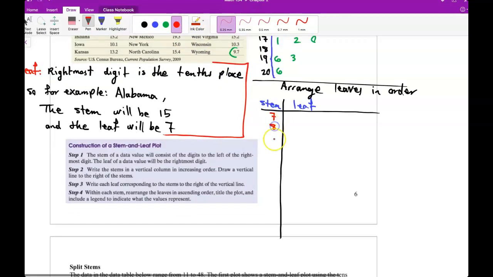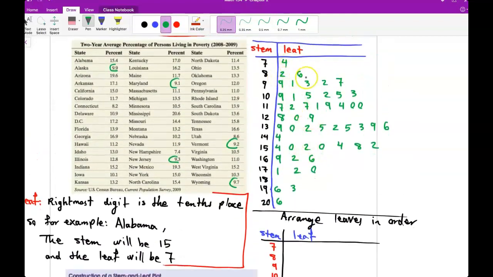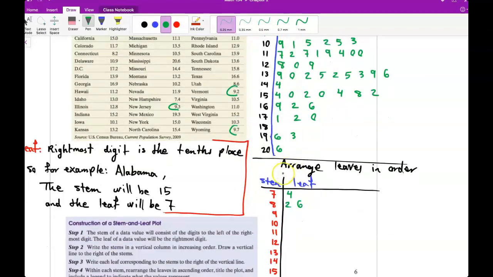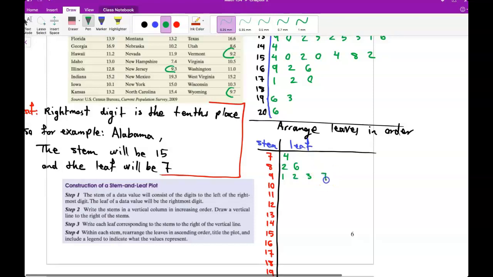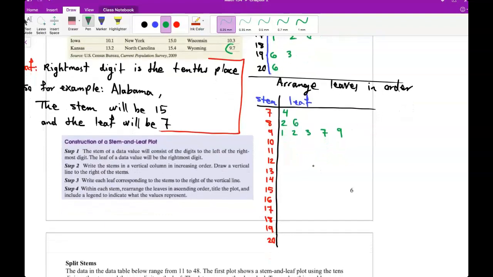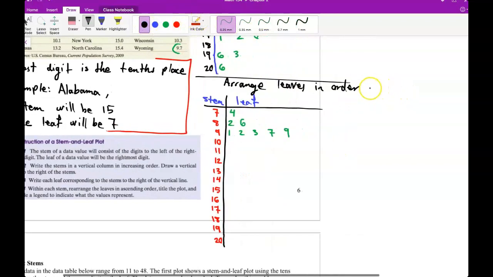Again, rewriting this column. Okay, and this part, so we have 4, 2, 6, and we have 1, 2, 3, 7, 9. So these are in ascending order.